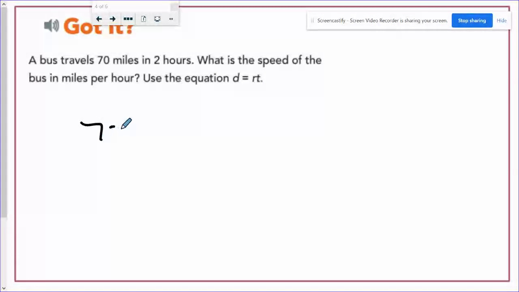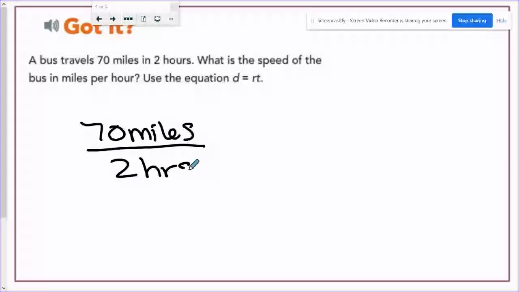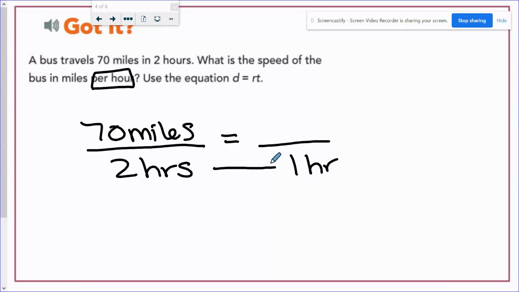A bus travels 70 miles in 2 hours. So that's my first rate. What is the speed of the bus in miles per hour? So we want to know per hour or for 1 hour. To go from 2 hours to 1 hour, we're going to divide by 2.